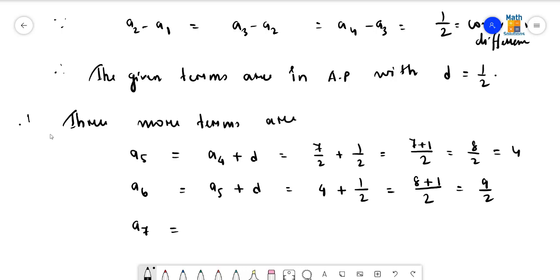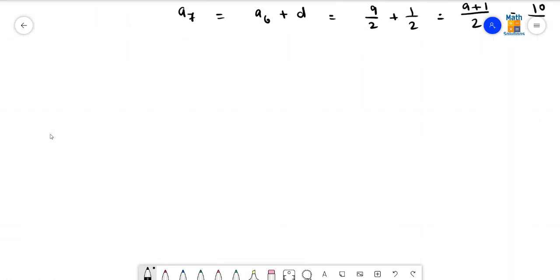Then A7 is equal to A6 plus D, that means 9/2 plus half, it will be 9 plus 1, 10 by 2. The result is 5, and this is the answer. Similarly, coming to the next one, Roman 3.